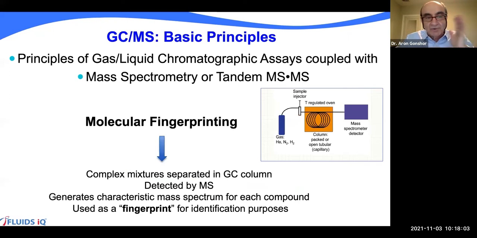There are a whole number of different kinds, and this is either gas or liquid chromatography. These assays are quite often coupled with mass spectrometry or a tandem form. I'm not going to get into the details, but the bottom line to all of this is that it is an extremely sensitive way of looking at all of these different analytes. It is probably the gold standard in many cases, and it's called molecular fingerprinting.